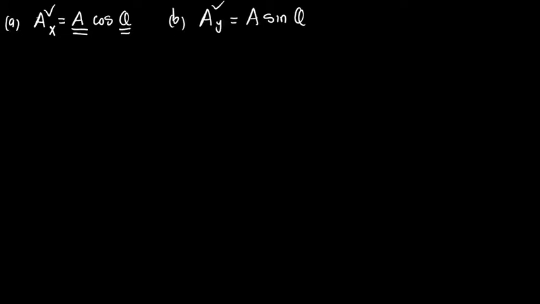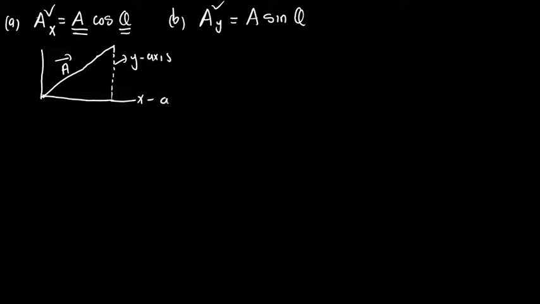But in a case where you have been given the components, we use the Pythagoras theorem. How does the Pythagoras theorem come about? If you have a triangle of this kind, this is your resultant vector A. We know that this can also be written in this form, and of course this becomes our y-axis, this becomes our x-axis, this becomes our theta.